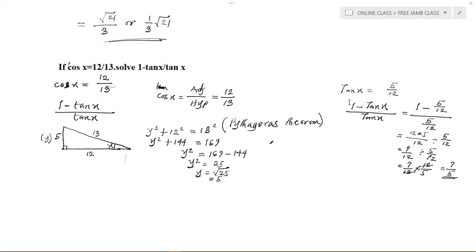So 1 minus tan x over tan x equals 1 minus 5 over 12 divided by 5 over 12. 1 minus 5 over 12 is 12 minus 5 over 12, so 7 over 12 divided by 5 over 12. When we change it, it gives us 7 over 12 times 12 over 5, and that is 7 over 5.